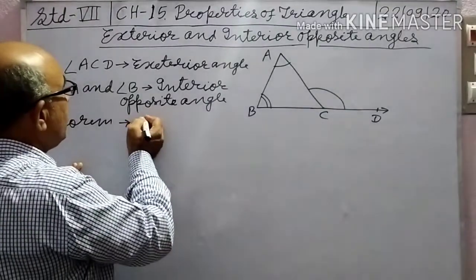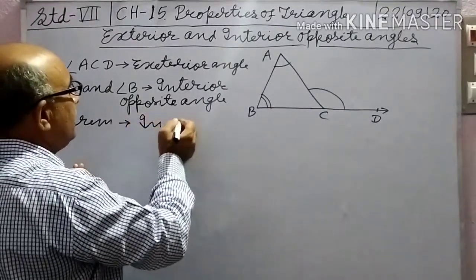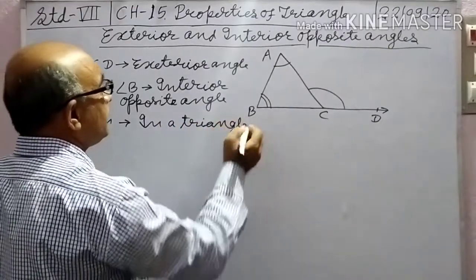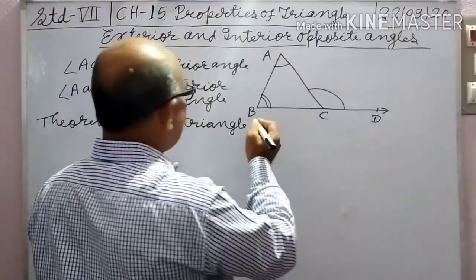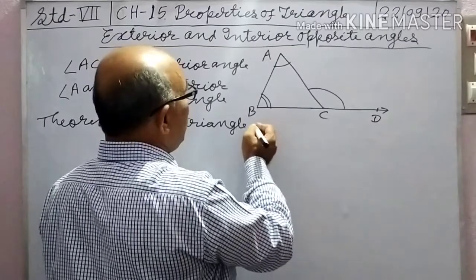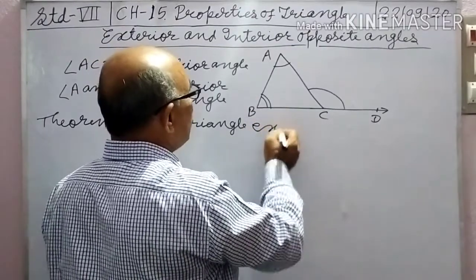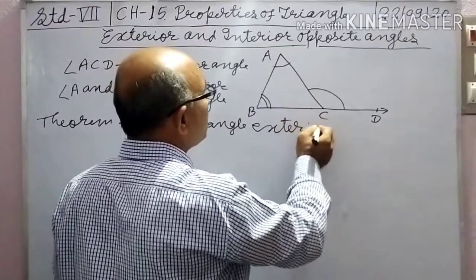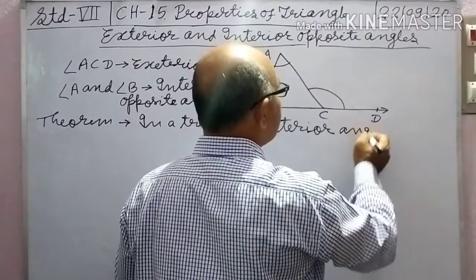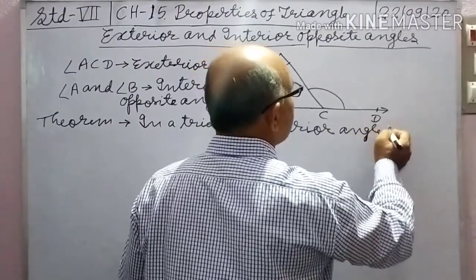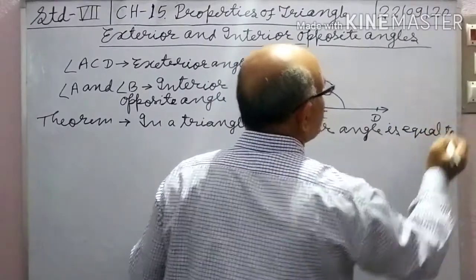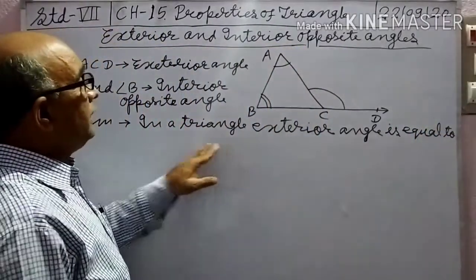Now one theorem: in a triangle, exterior angle is equal to the two interior opposite angles. Two interior opposite angles.